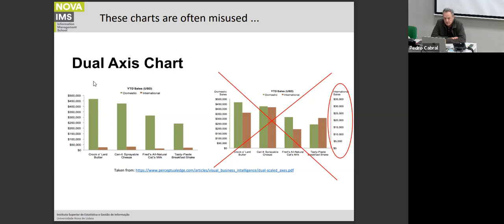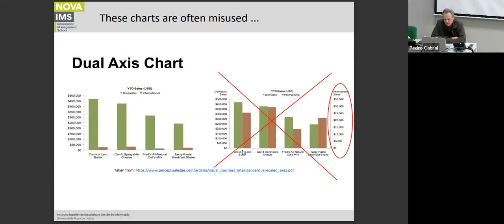Errors to avoid. For instance, sometimes we can see examples of dual axis scales, in which, for the same unit in dollars, on the left, this size corresponds to $500,000. On the right, this size corresponds only to $25,000.